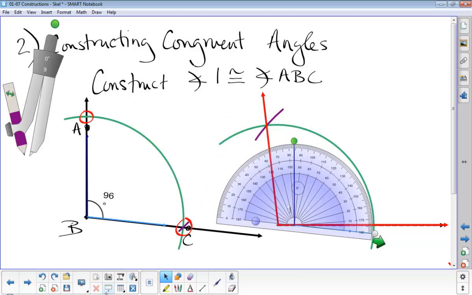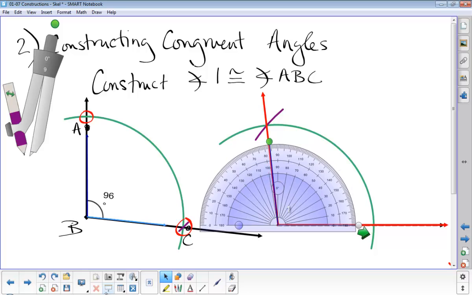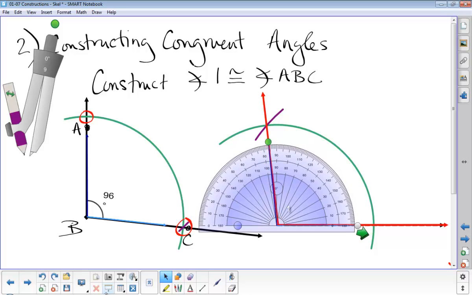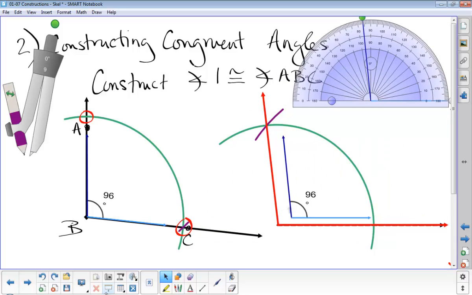And our second angle, if we've done this properly, should be about 96 degrees. And there you have it. An angle congruent to a given angle.